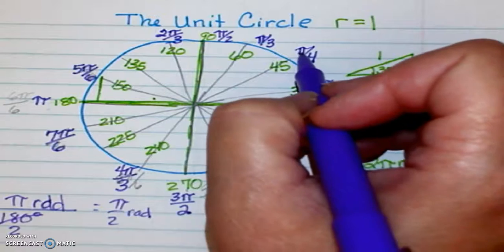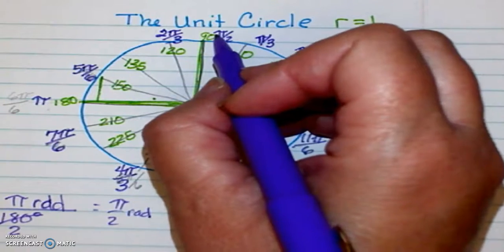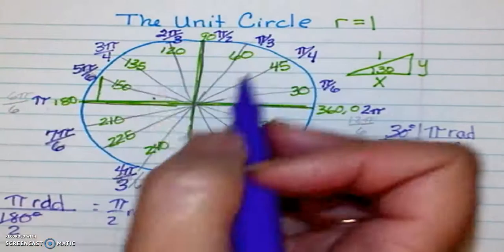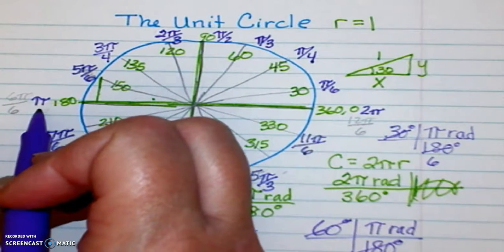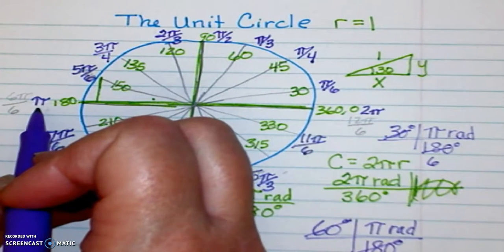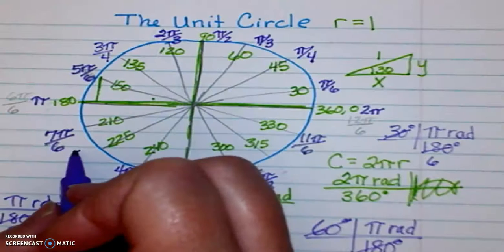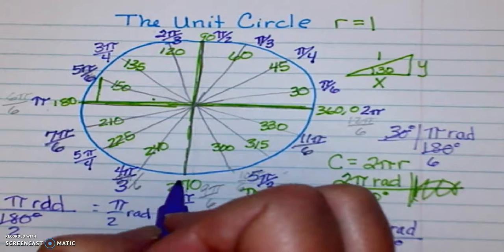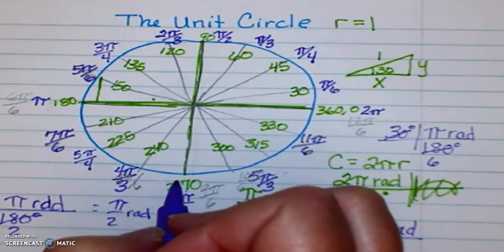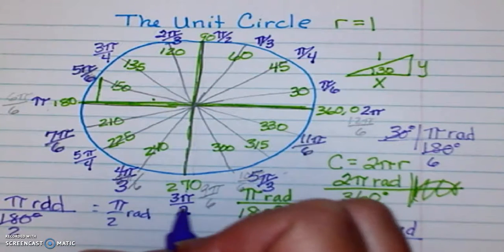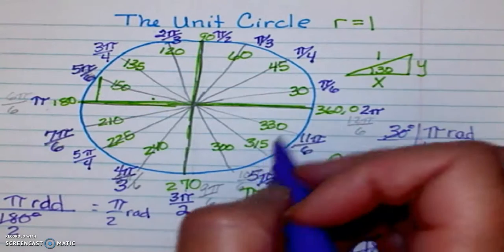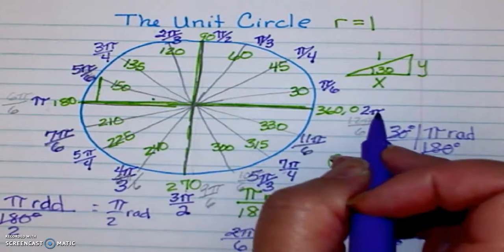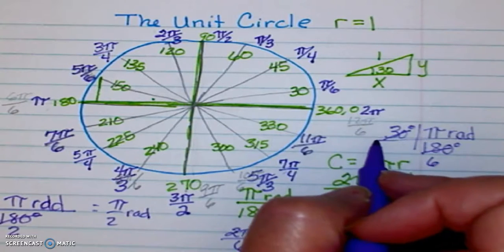Then 3 pi over 4. Then 4 pi over 4, which is pi. Then 5 pi over 4, 6 pi over 4, but 6 over 4 is 3/2 pi. Then 7 pi over 4 and 8 pi over 4.